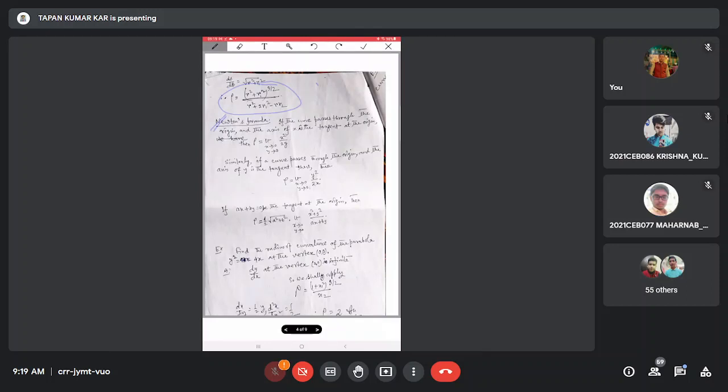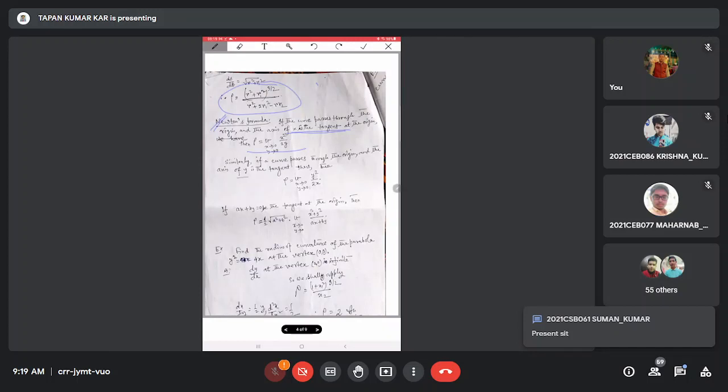I told you how to find the tangents at the origin: the lowest degree terms equated to 0 give the tangent at the origin. And then, just remember, if the x axis is the tangent at the origin, then rho equals the limit as x tends to 0, y tends to 0 of x square by 2y.